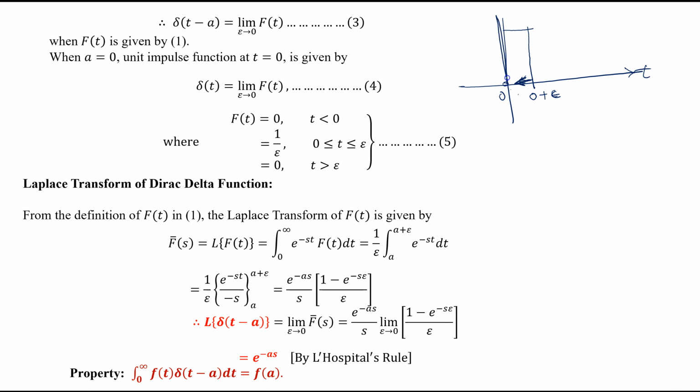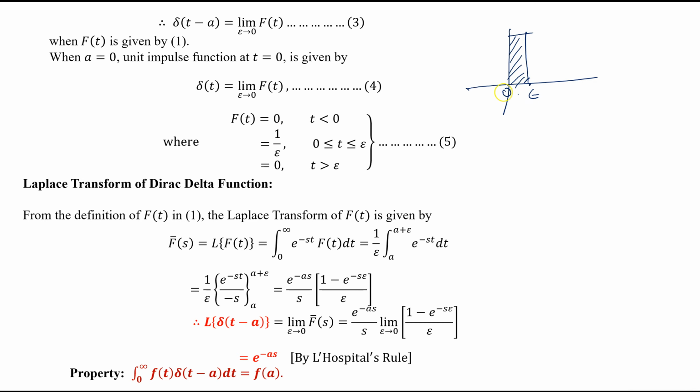Then delta t can be written as delta t equal to limit epsilon tends to 0 of f of t, because a is 0, where f of t equals 0 when t is less than 0, 1 by epsilon in the interval 0 to epsilon, and 0 when t is greater than epsilon. Here this is 0, here this is epsilon.